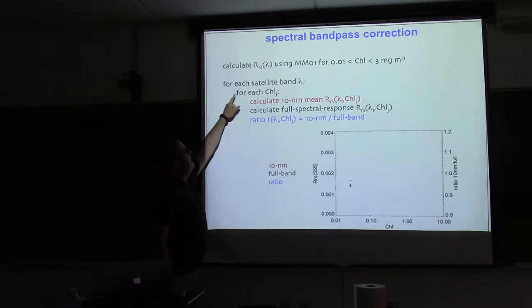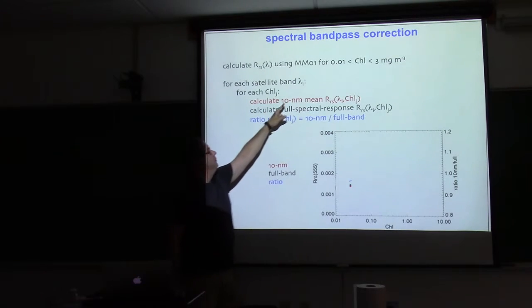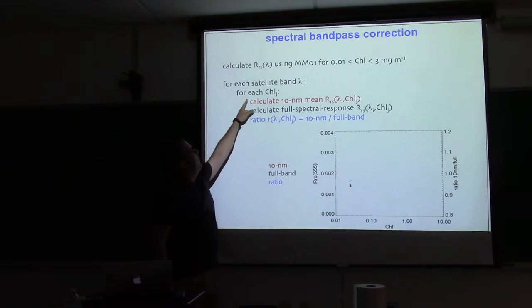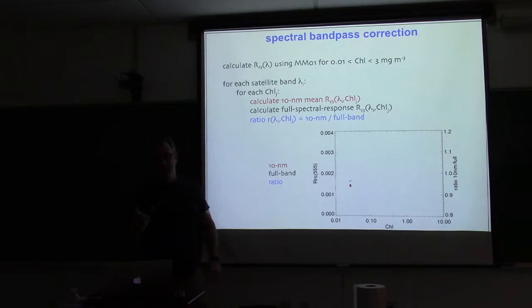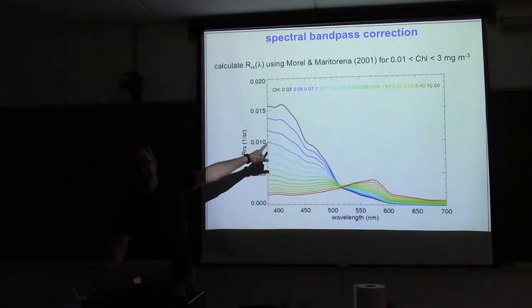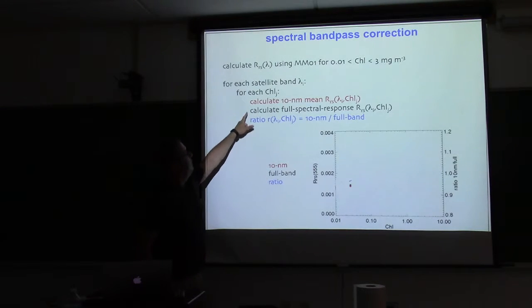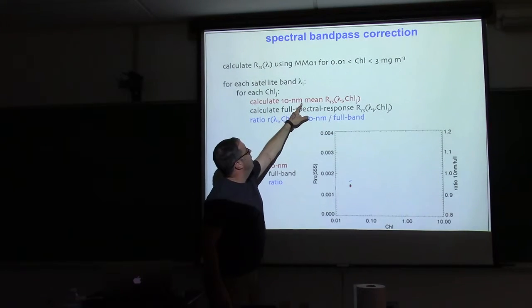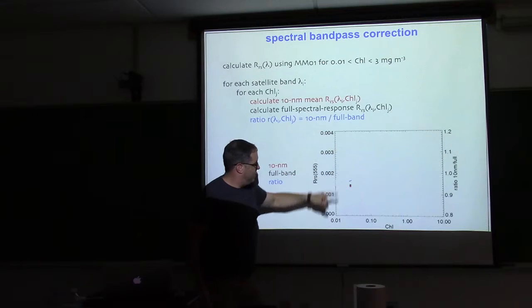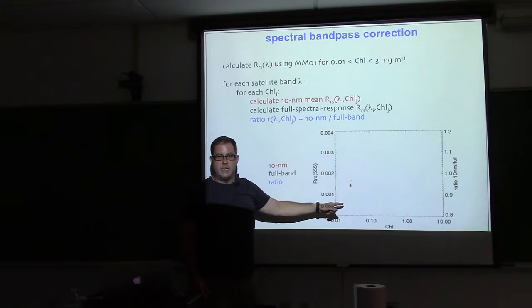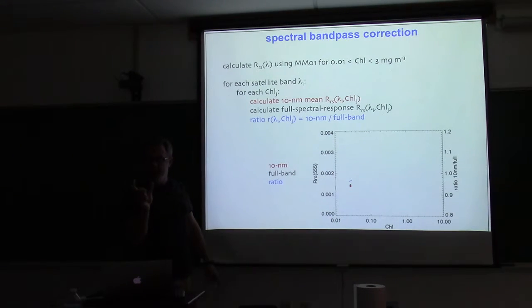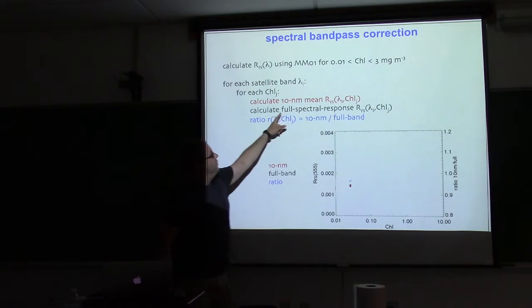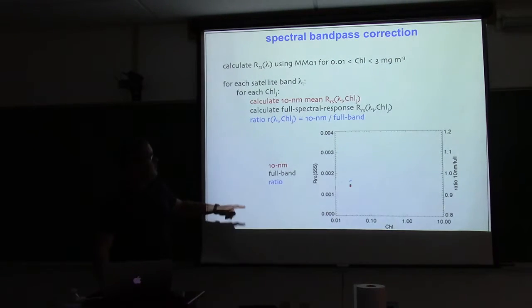So for every satellite band we care about, and for each chlorophyll value in this table that we've created, we calculate a 10 nanometer mean Rrs to represent the in situ data. The 10 nanometers represents the filter applied on a filter radiometer that you would put in the field. And then we calculate the full spectral response Rrs too.